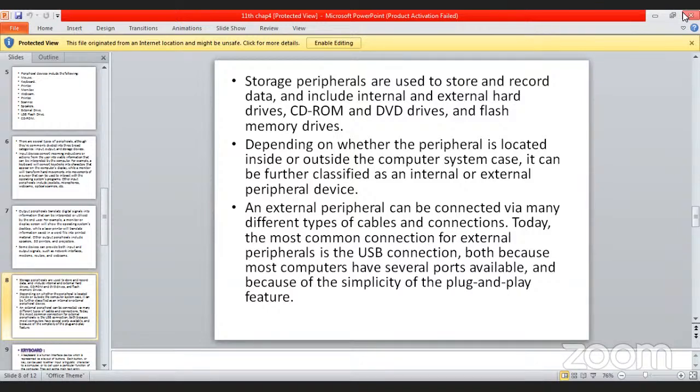An external peripheral can be connected by many different types of cables and connections. Today, the latest and most common connection for external peripherals is the USB connection, both because most computers have several ports available and because of the simplicity of the plug and play feature.